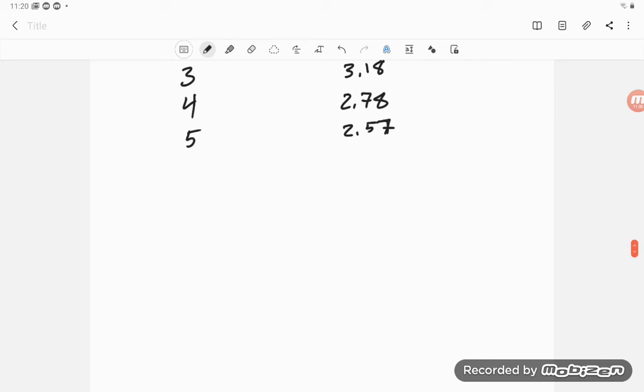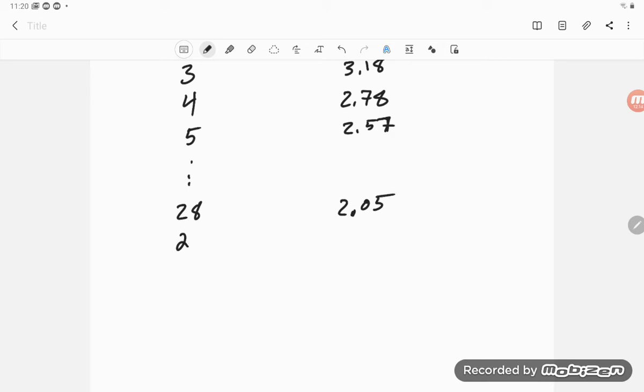Now, if you keep going, what happens is by the time we get to a sample size of 29, which would be degrees of freedom of 28, we're getting down there. We're down to a 2.05. And so when we hit a sample size of 30, the 29, actually, that's still 2.05.